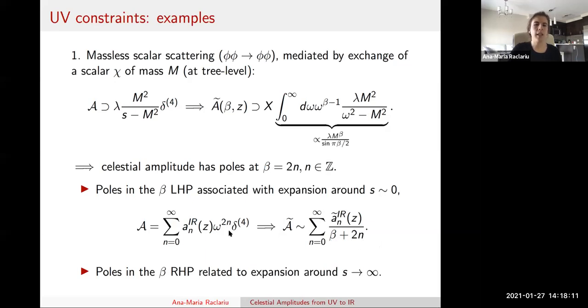And so we see that an amplitude which admits an expansion around large S also is going to have poles, but now not on the negative real beta axis, but on the positive real beta axis.